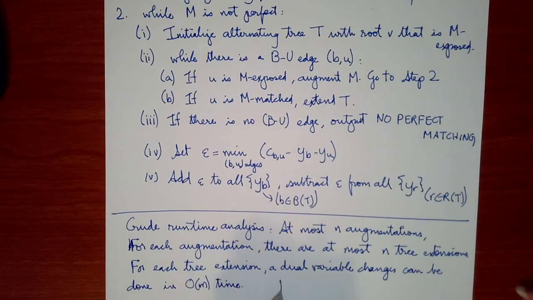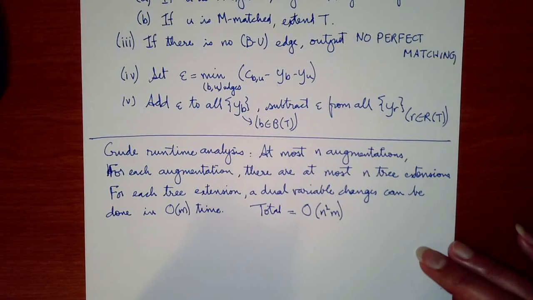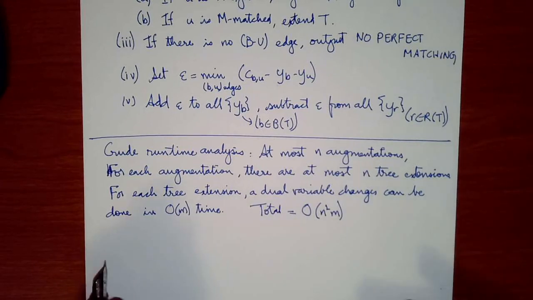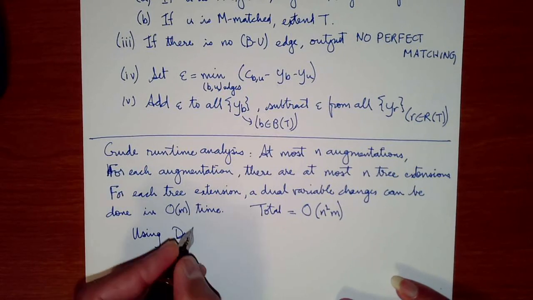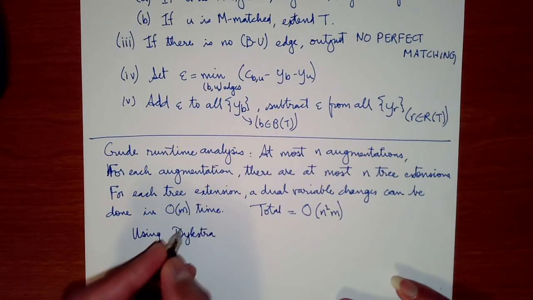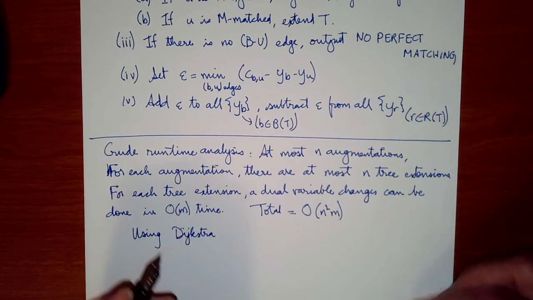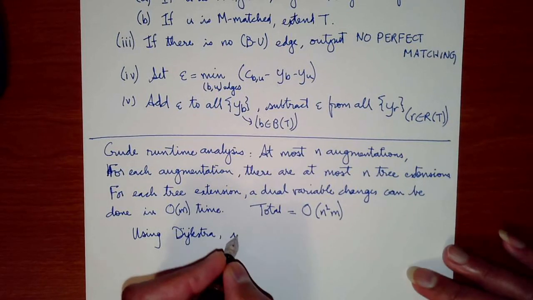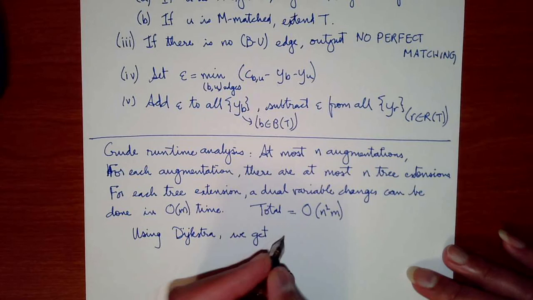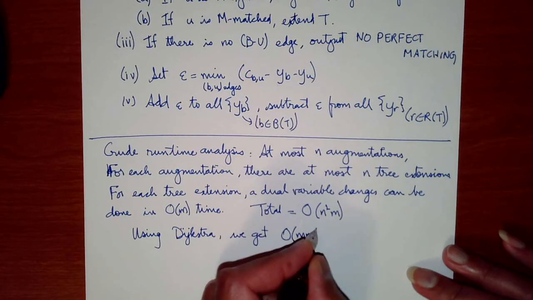So the total is O of N squared M. You can use Dijkstra's algorithm, priority queues, we can get O of Mn log n.